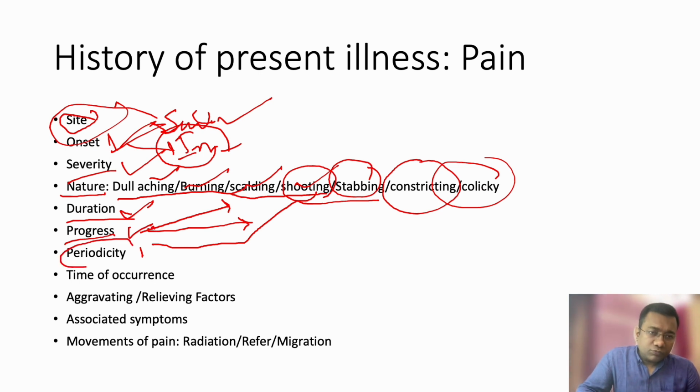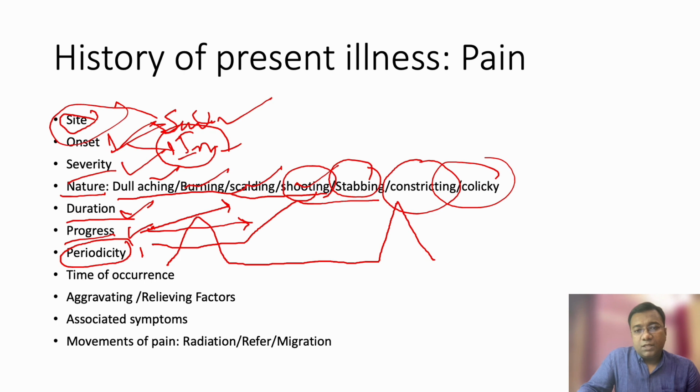Periodicity. Periodicity means the patient has pain, then the pain is relieved, the patient remains pain-free for 1 to 2 weeks, 3 weeks, 4 weeks, then the pain reappears again, then it disappears, the patient remains pain-free for a long time, again it reappears. So this is called periodicity.